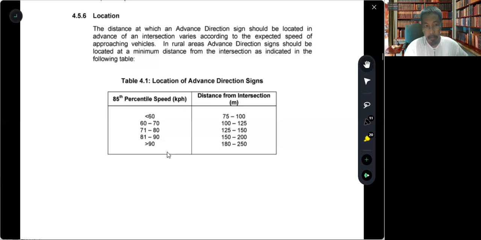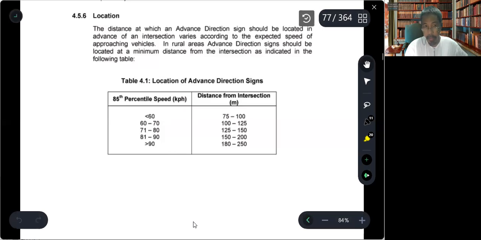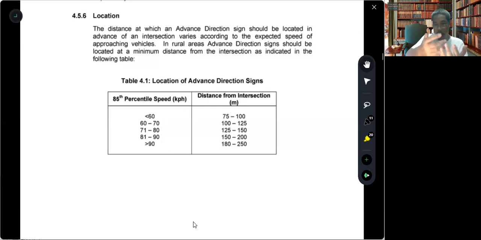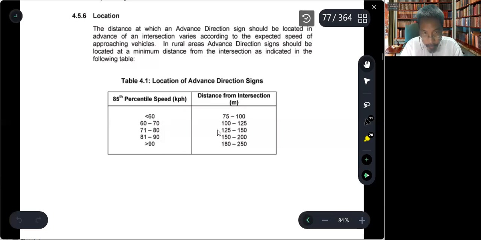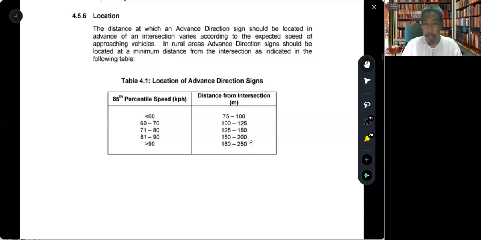So, for example, the speed limit is 100 kilometers per hour. The 85th percentile is about 85. Okay, so 85, if you look at this table, you have to put your advanced direction sign between 150 to 200 meters before the intersection, if the road speed limit is 100 kilometers per hour.